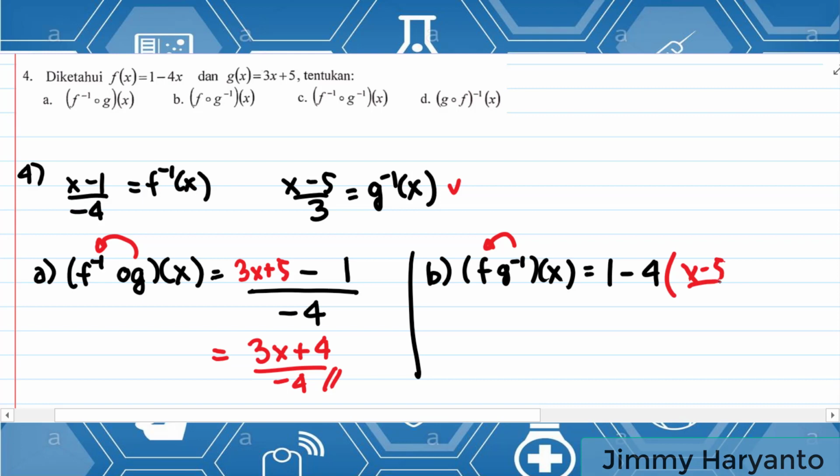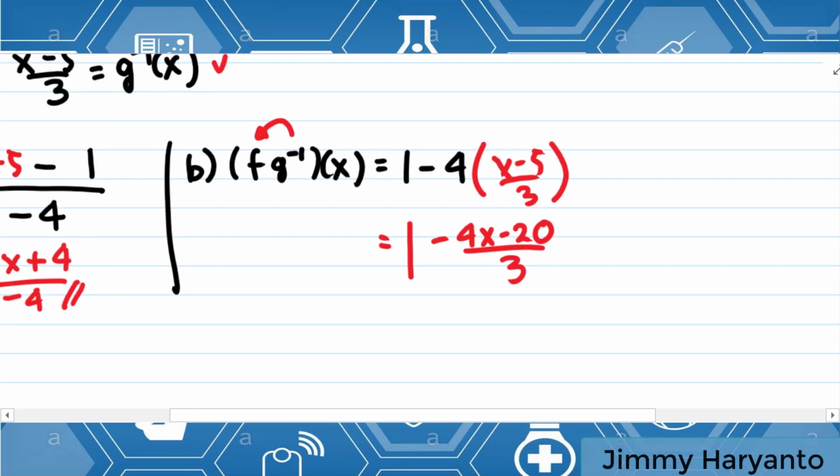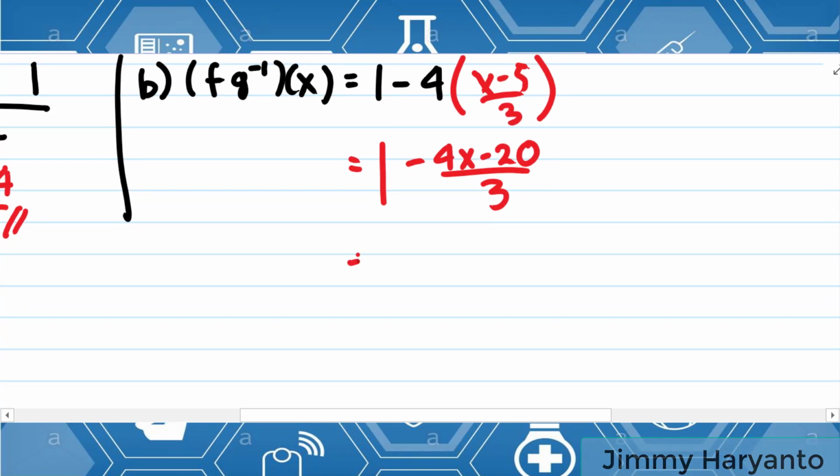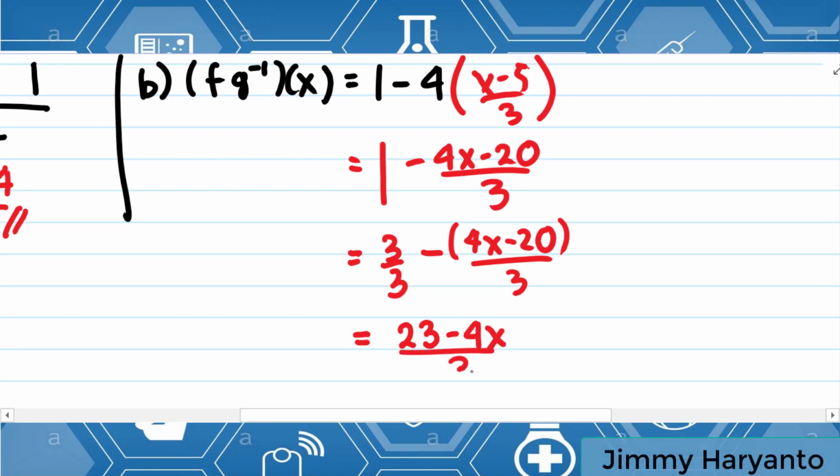Right here. x minus 5 over 3. So the result will be 1 minus, 4 we put in, so 4x minus 20 over 3. When you multiply the 4, don't include the minus. But if you want to include the minus too, that's fine, but here it becomes plus. If you want to leave the minus, only put the 4 in. Now we can make the denominators the same, so 3 over 3 minus 4x minus 20 over 3. Don't forget to use brackets here. So 3 minus 20 gives 23 minus 4x over 3.